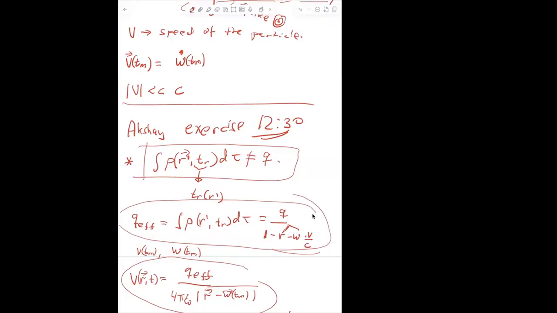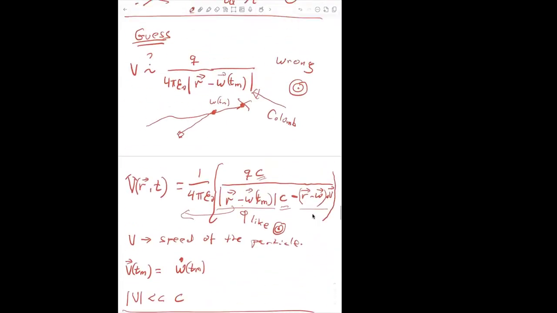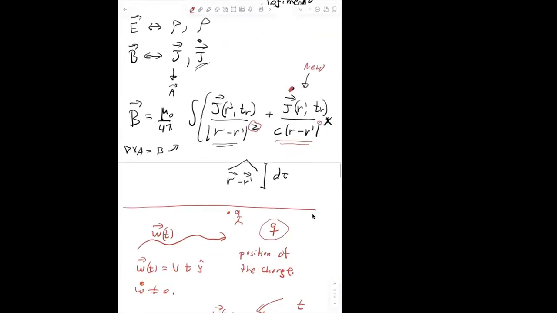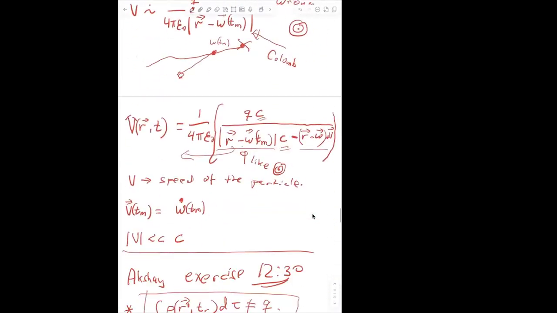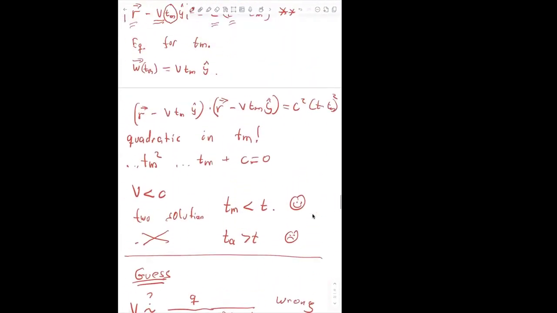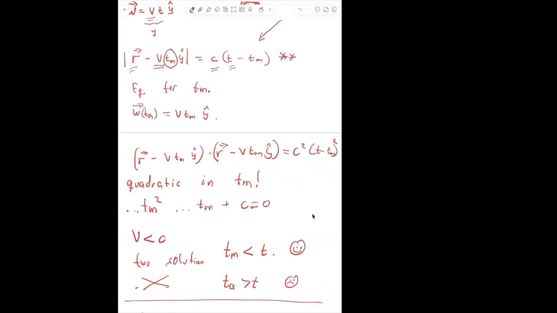Because here we do not divide by 1 over r minus r prime as we do in the potential up here. So it's very wise to start with a relatively simple integration, which is not simple at all, over rho, just to see that it's not Q. He makes the problem simpler for pedagogical reasons. And then he finds some Q. This is this Q effective. And then he notices that I can write the complicated equation with this Q effective.